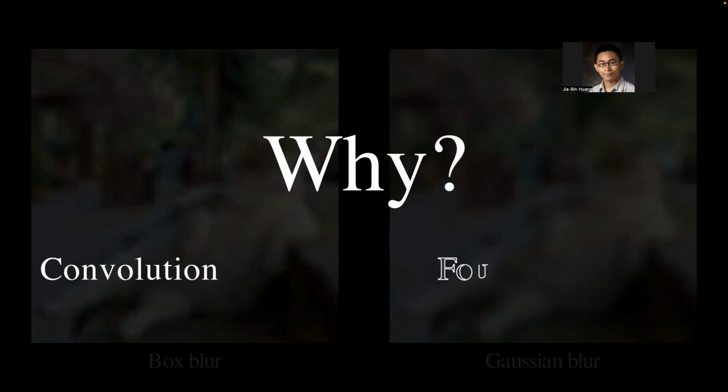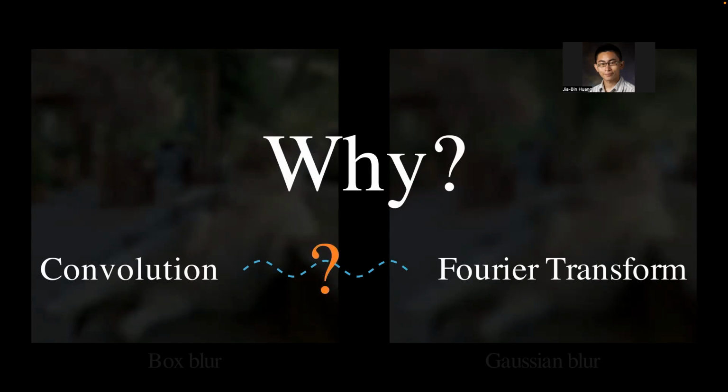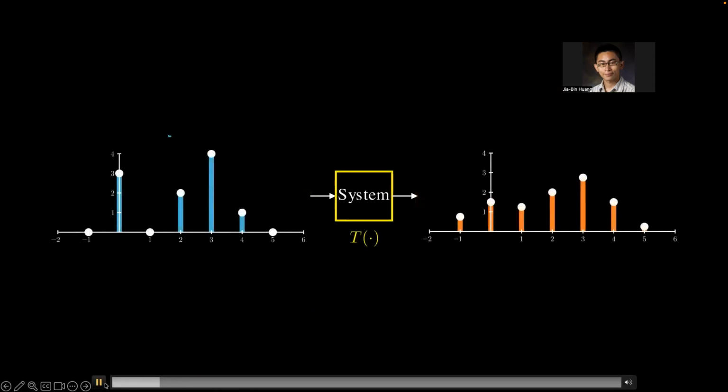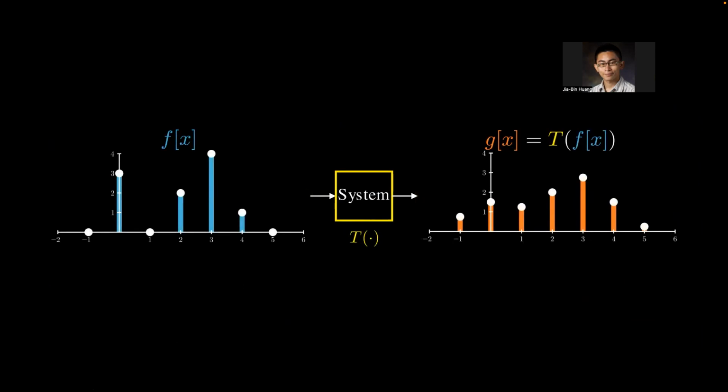To understand this, we really need to understand the convolution and the frequency perspective of what this blur filter is actually doing. Okay, so we talked about this last time. We basically study the operation of this blur as a signal, and apply a system on top of that to get another signal.